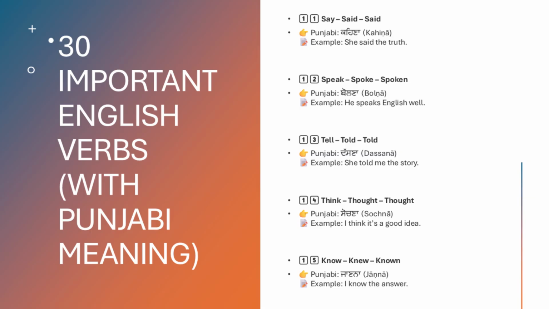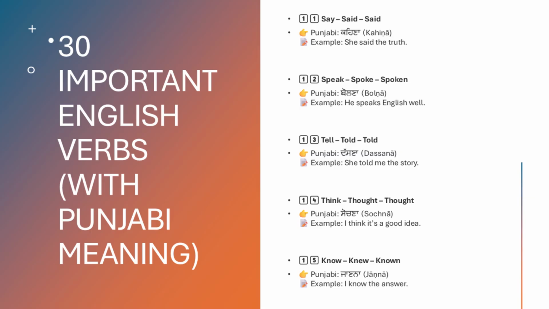And some of learners usually make mistake in the pronunciation of this verb, because in written it has K in it, but in pronunciation we don't pronounce K. So we just say no, knew, known. We don't pronounce K.